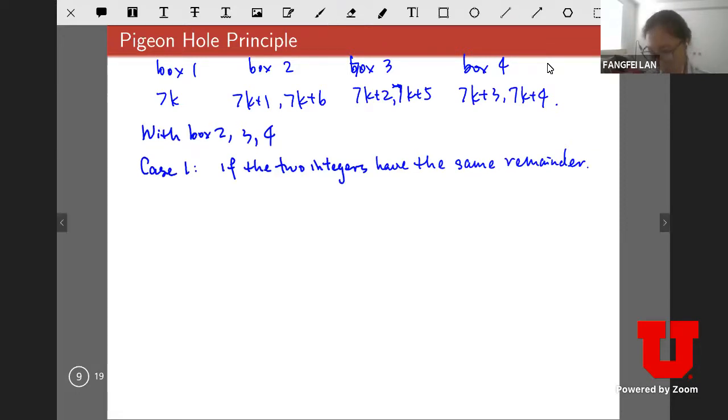So that's case 1: if the 2 integers that land in each of these boxes have the same remainder. So the 2 integers can be written as 7k1 plus r and 7k2 plus r, right? These are the 2 integers.